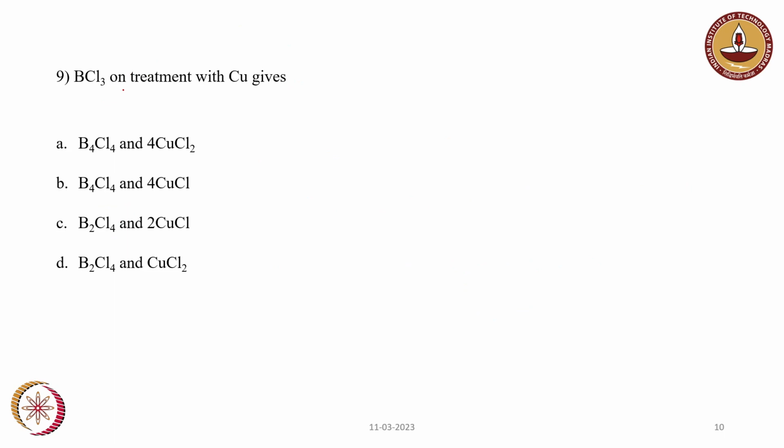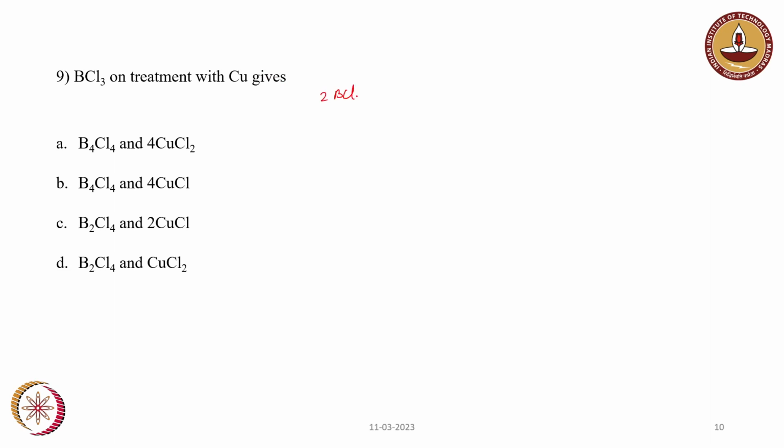Next question is BCl3 on treatment with copper gives. Option A is B4Cl4 and 4CuCl2. Option B is B4Cl4 and 4CuCl. Option C is B2Cl4 and 2CuCl. And option D is B2Cl4 and CuCl2. So BCl3 reacts with metals to give B2Cl4. This is one of the methods to prepare B2Cl4.